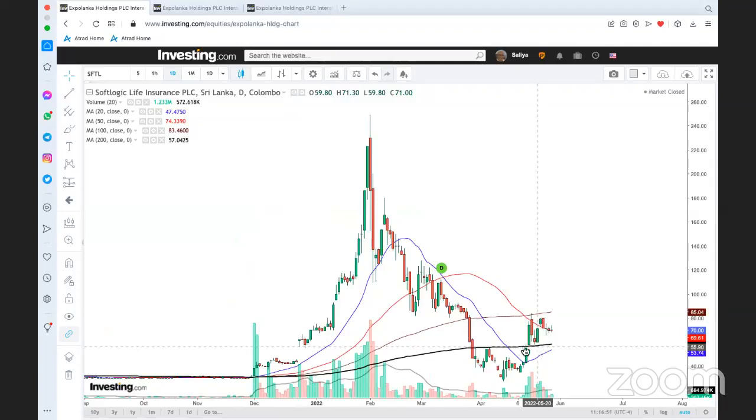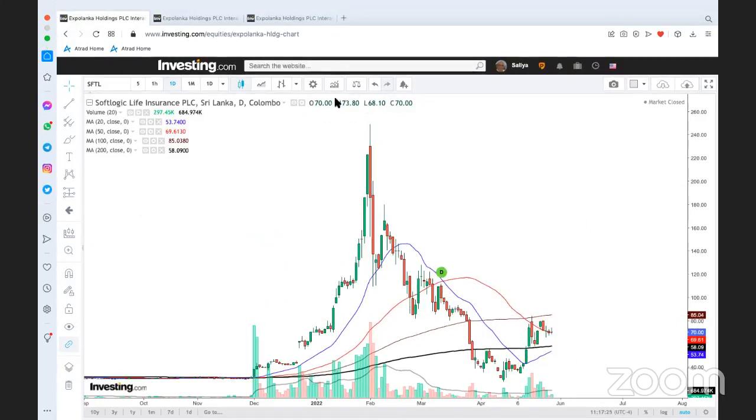Now it's testing the 50-day moving average and trying to break, or rather finding resistance at the 100-day moving average. So you have a higher low formation, uptrend confirmation, because the prices have gone up above the 20-day moving average and the 200-day moving average as well.